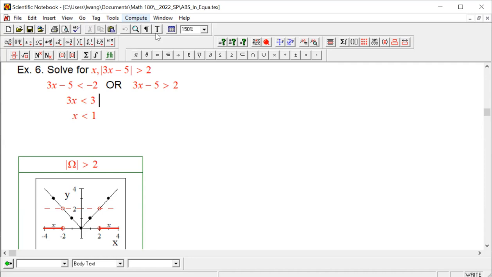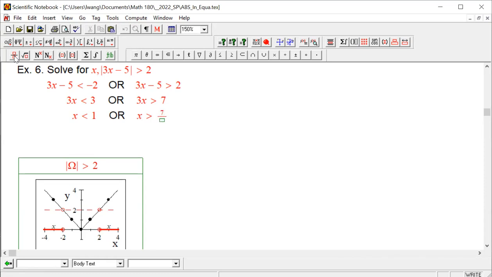On the other side, we're going to add 5 to both sides again. 3x larger than 7. And I'm going to keep the or. Ideally, you keep it this way. X is larger than, divide both sides by 3, we get 7 over 3.